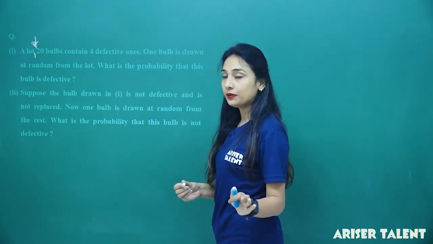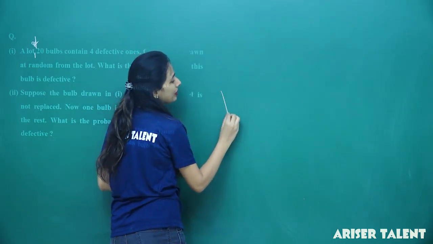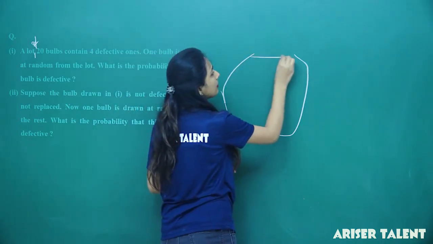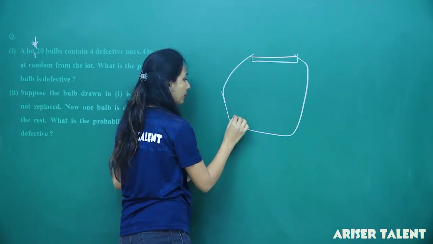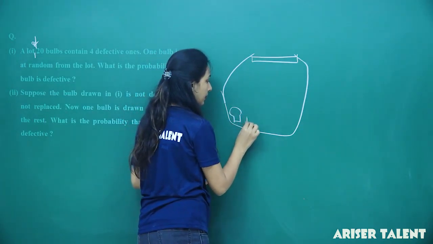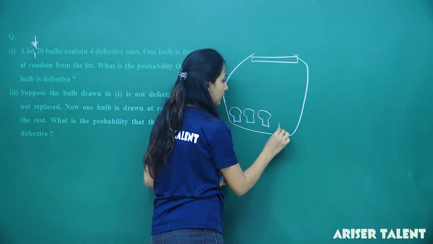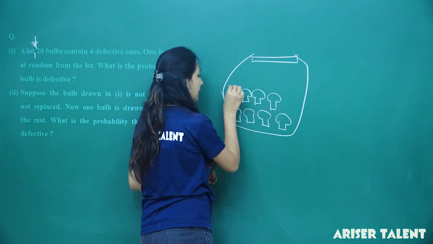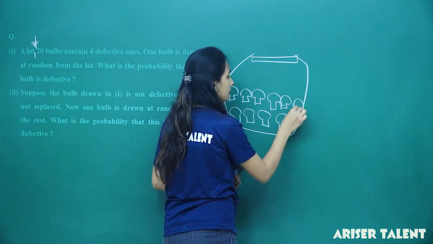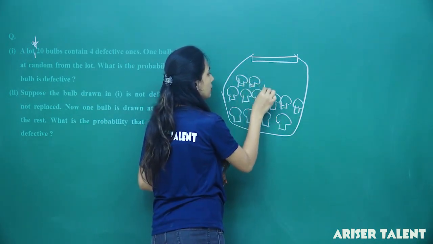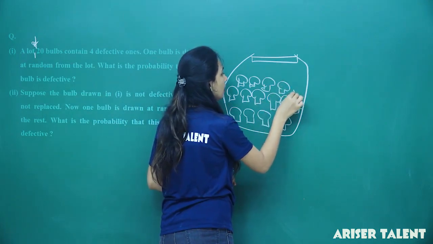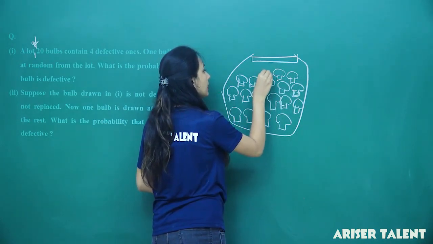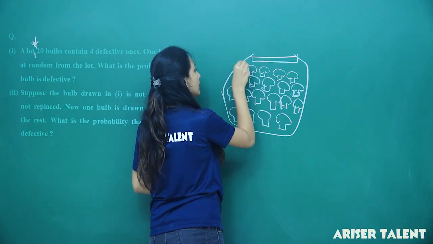Okay, we got 20 bulbs. So there's some, you may say, a utensil or something, and in that we have put some bulbs. 1, 2, 3, 4, 5, 6, 7, 8, 9, 10, 11, 12, 13, 14, 15, 16, 17, 18, 19 and 20.